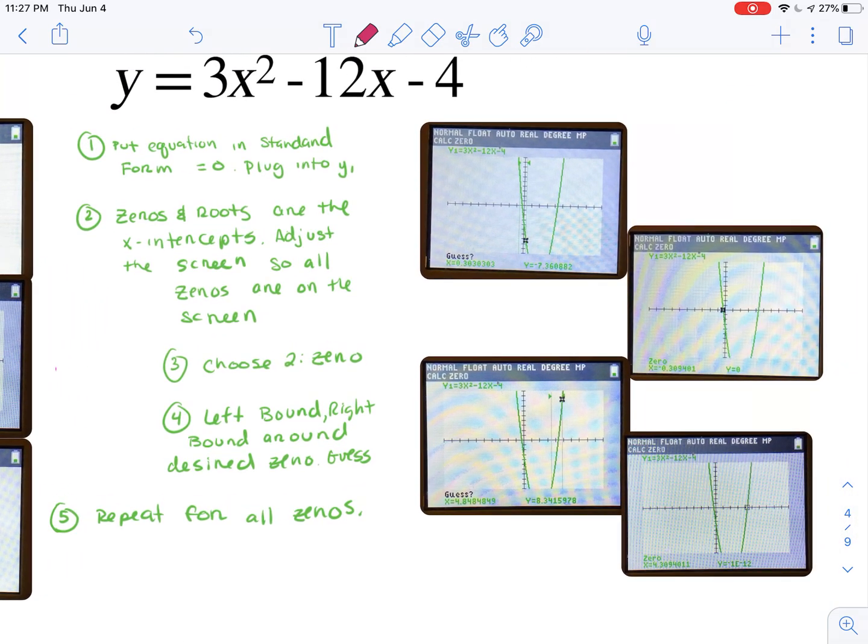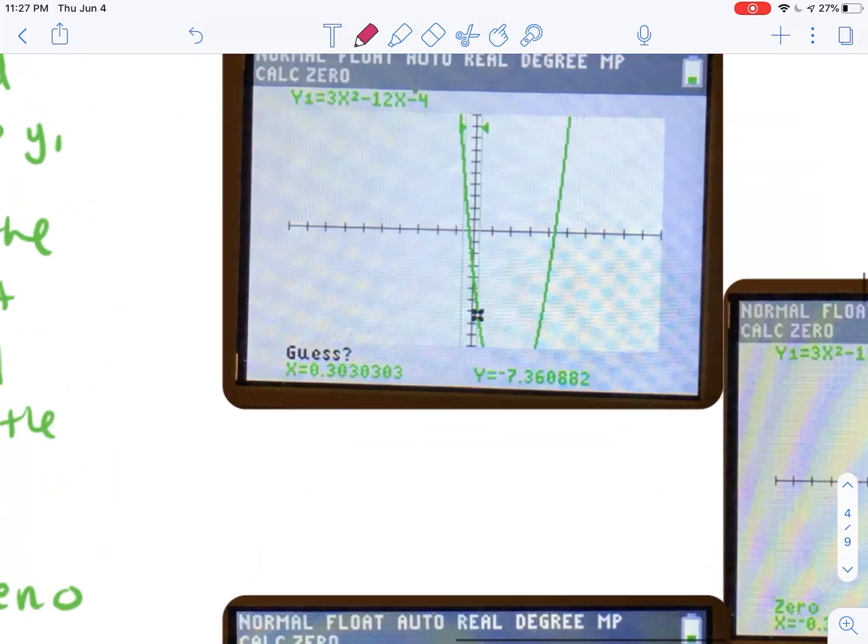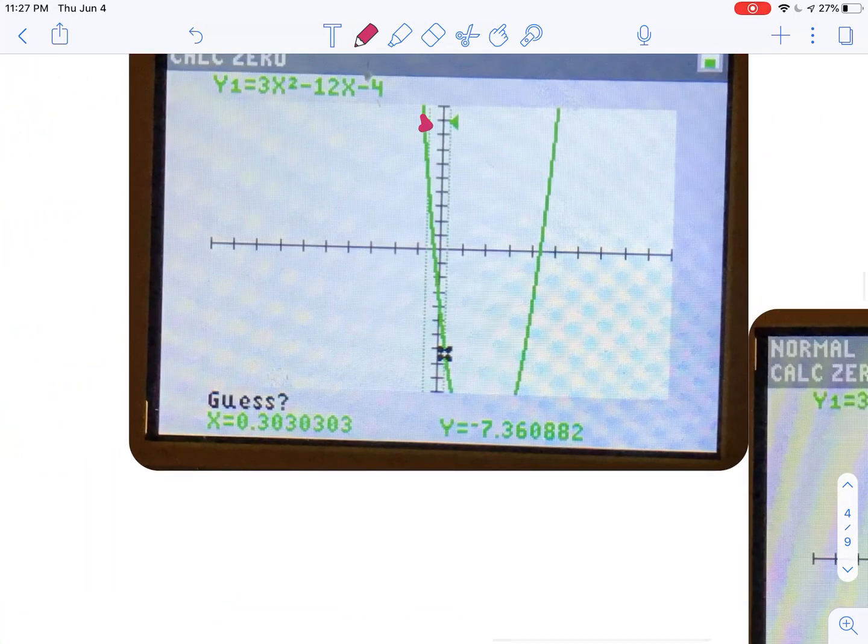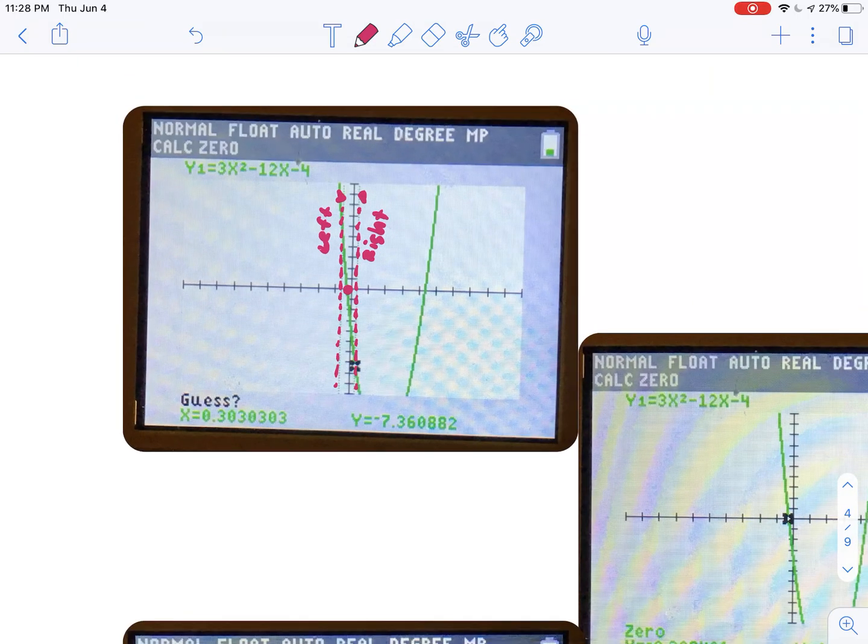Now when this happens, it will prompt you for a left bound and a right bound for the desired zero. The idea of these left and right bounds, which we'll put these little arrows on the screen, is that the zero that I'm looking for falls in between those two dashed lines, this line being my left bound, this side being my right bound.